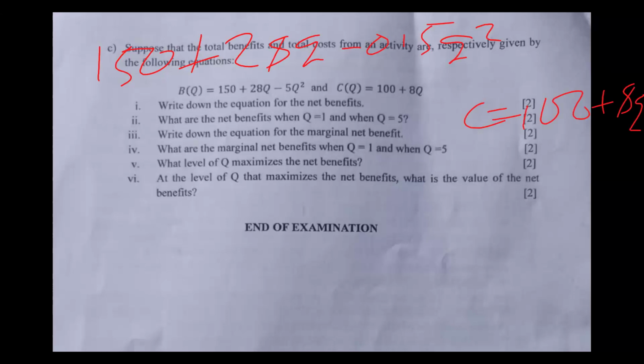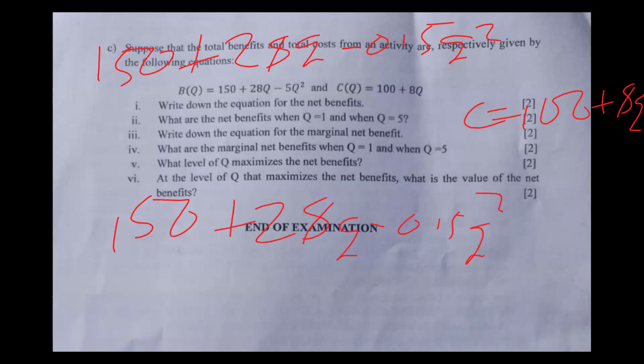The net benefits equation is actually just the difference between benefits minus cost, right? So we're just subtracting this equation from that: 150 plus 20 80Q minus 0.5Q squared.